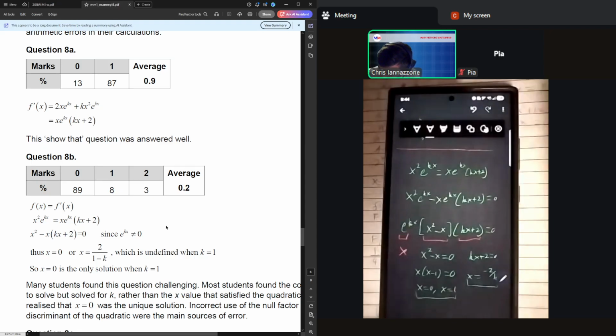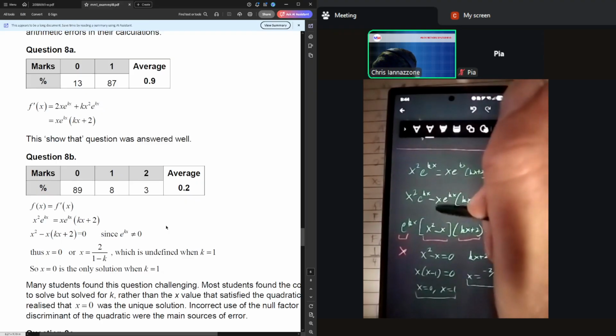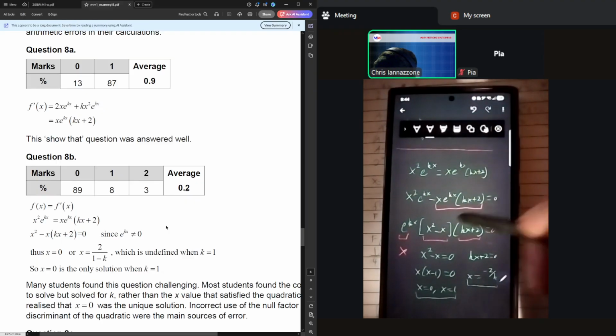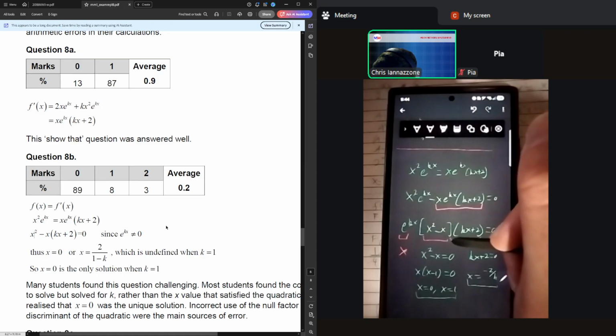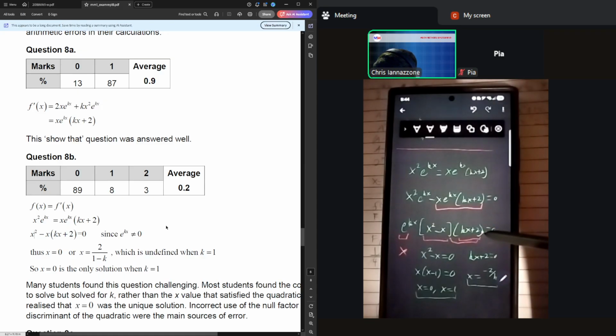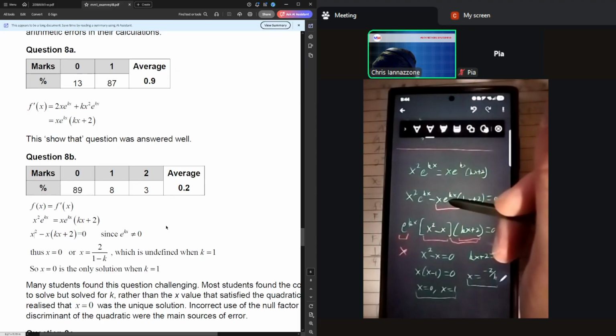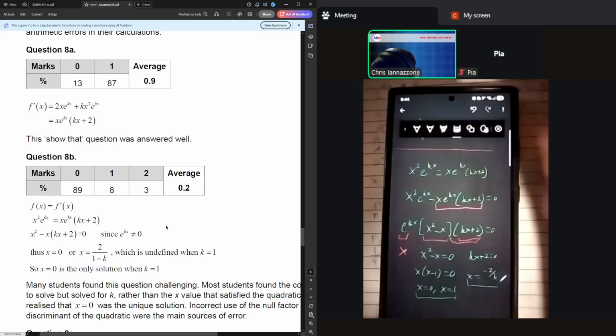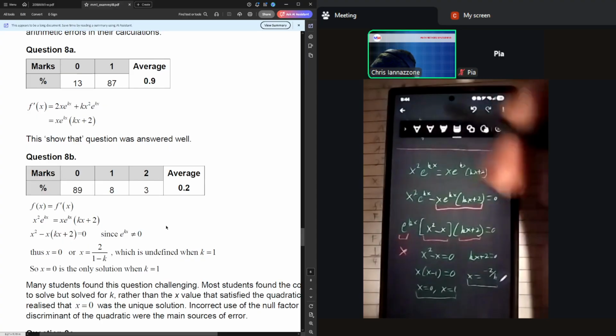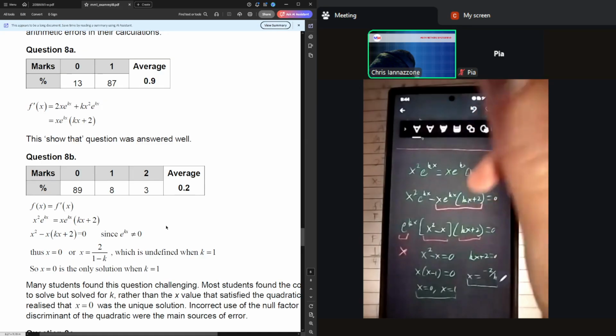Oh, yes, this is the issue. That's a full term, and then when I did this factorizing, I treated it as its own separate multiplication. This is not multiplying that. This is multiplying this one. Bad. That's what went wrong there.